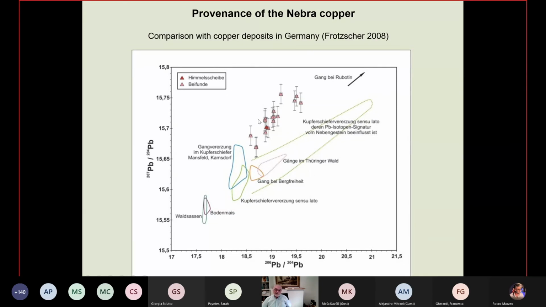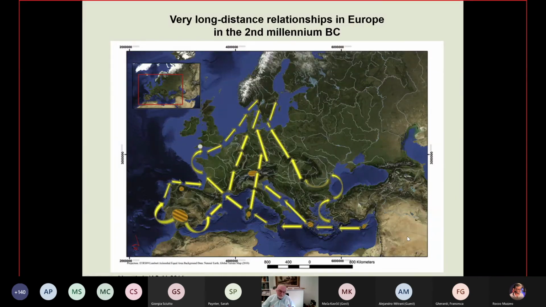These are the Nebra data. As you see, we can exclude the Kupferschiefer, we can exclude the Thüringer Wald, and many of the other well-known copper deposits in Germany. So that comes, in the end, to a well-defined provenance of the copper of the Nebra hoard from the Mitterberg region.